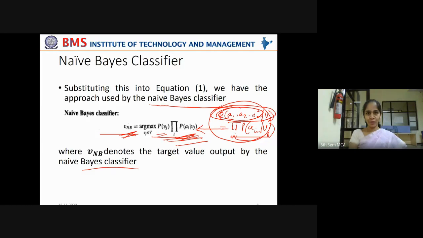In that case, for a new combination of attributes, if it matches the existing attributes, then their outcome label also can be given here as the classification label, right? It means you are trying to prefer the highest probable outcome label for that combination of attributes. That is what is being indicated here.